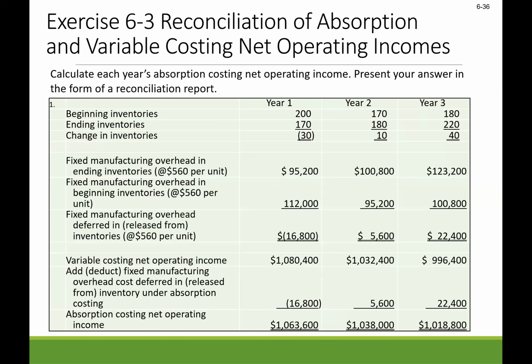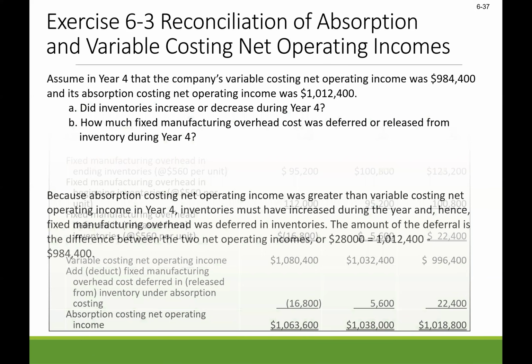Okay. What this is supposed to help you understand is how you reconcile the difference in net income using the variable costing method versus the absorption costing method.